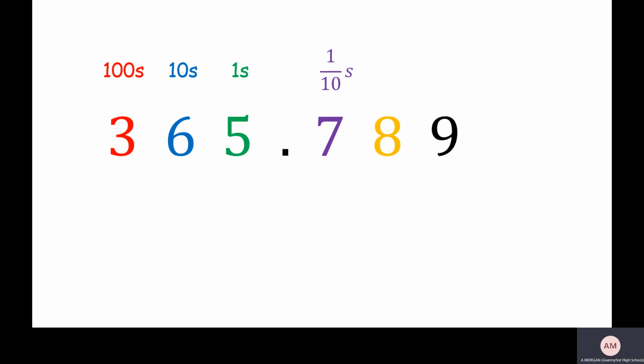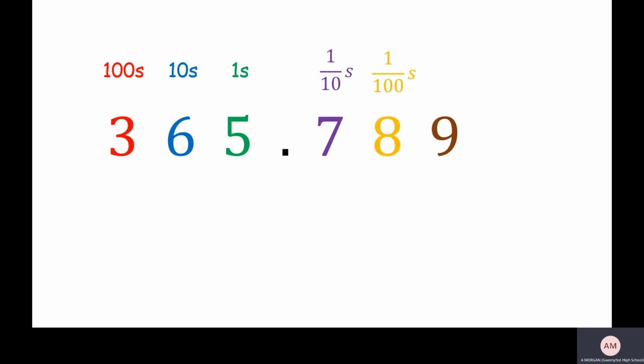Similarly, the yellow 8 is in the hundredths column, and most people will think the hundredths column, that's the second decimal place, and that's right, but they won't make the connection between the word hundredths and the fraction 1 over 100.